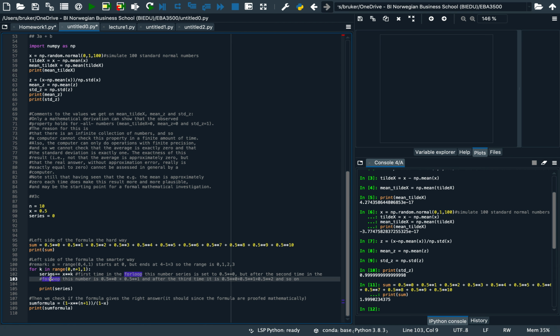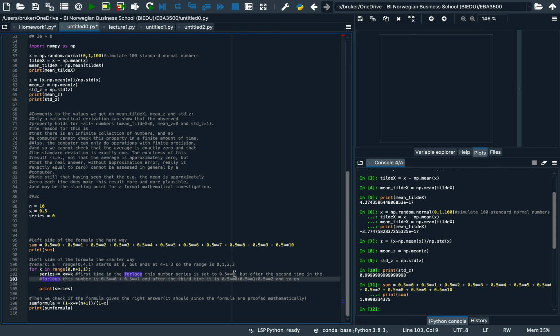And then what is this for loop doing? Yes, the first time in the for loop, this number series is set to 0.5 to the power of 0, which is equal 1. So then series is updated from being 0 to being 1.